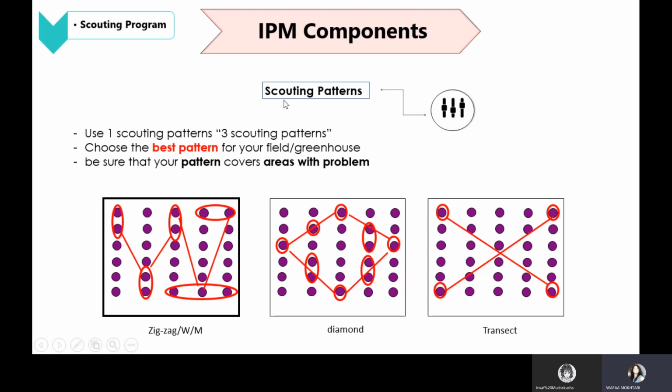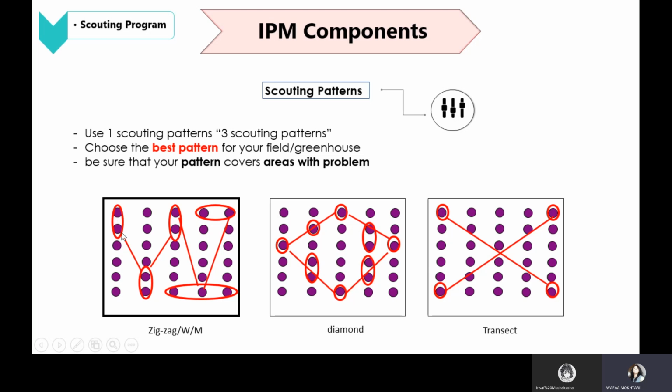There is what we call a scouting pattern in the scouting program. If you need to do scouting, which means visiting the field, you should use one of the three scouting patterns shown here. You may choose the zigzag or W pattern, going from one place down, one place up, one place down, across the whole plantation area.